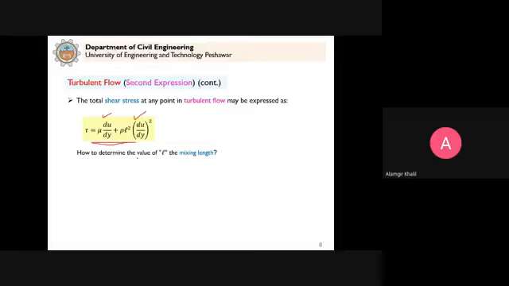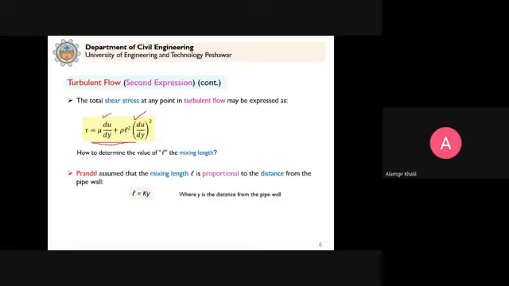Now, how to determine the value of this mixing length L? Prandtl assumed that the mixing length L is proportional to the distance from the pipe wall. Near the pipe wall, as we move towards the center of the pipe, L is proportional to y, where y is the distance from the pipe wall.